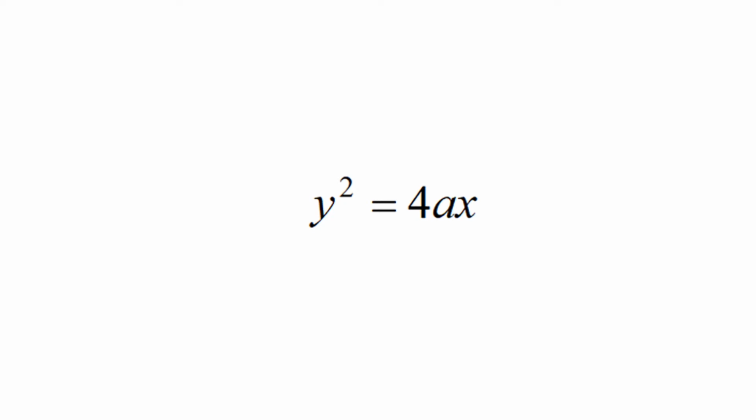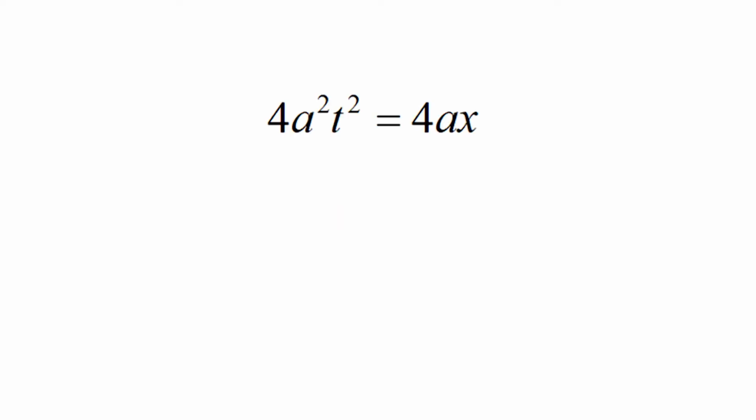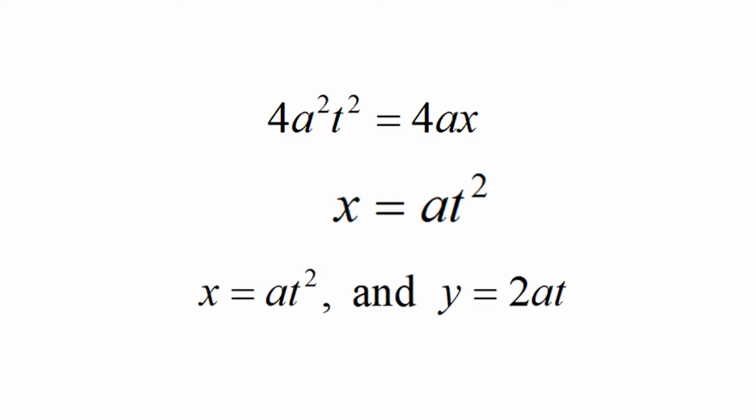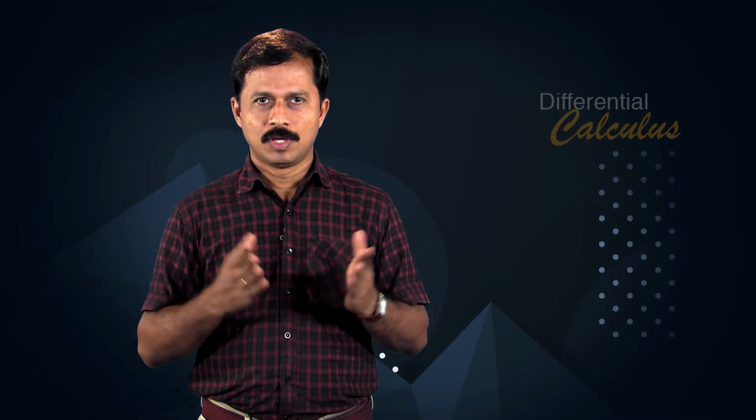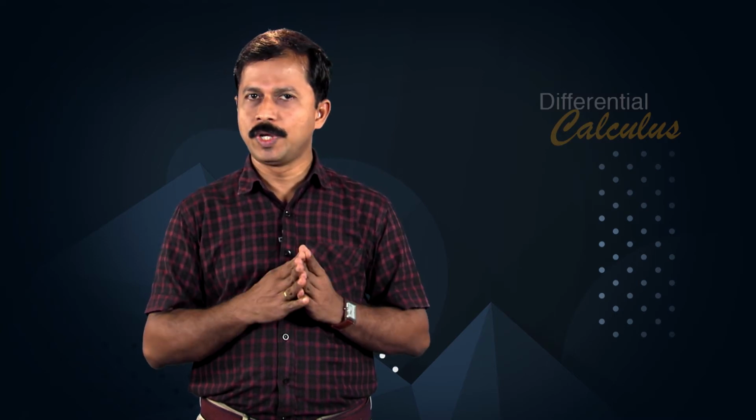If we substitute 2at for y in the equation y² = 4ax, we obtain 4a²t² = 4ax, which gives x = at². Hence, the parametrization is x = at² and y = 2at, where t is any real number. For a given real value t, the point (at², 2at) lies on the parabola and is referred to as the point t.